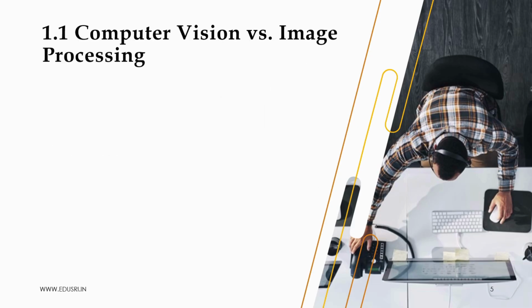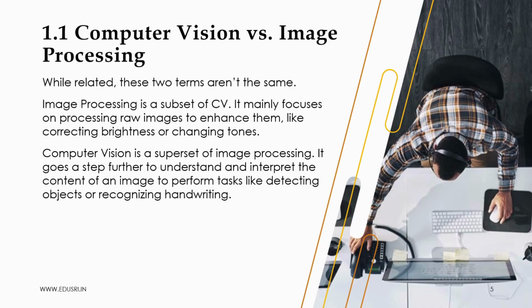Now, let's understand the difference between computer vision and image processing. Although these two terms are closely related, they are not the same. Image processing is a subset of computer vision. It mainly focuses on processing raw images to enhance or modify them.